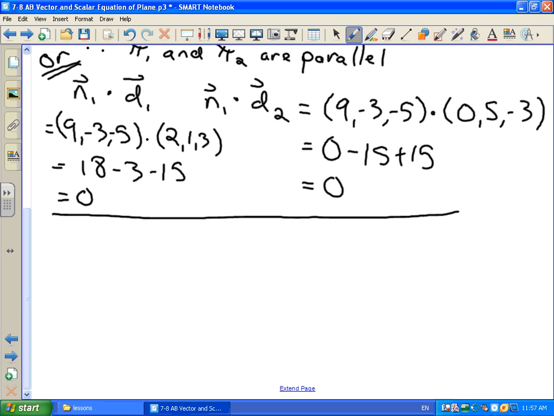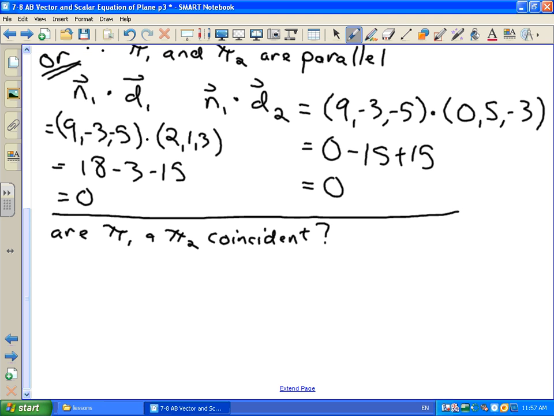So that's just a little bit of an aside there. Now we have to see if they are coincident or not. Are P1 and P2 coincident? What we want to do is find a point that is on one of these planes and check to see if it satisfies the equation for the other plane.